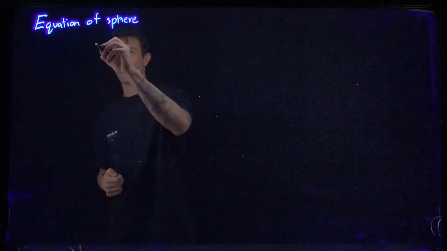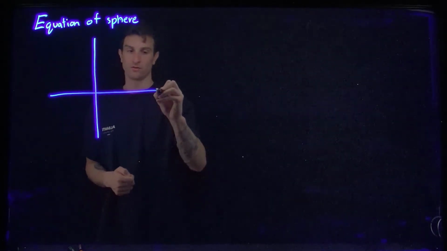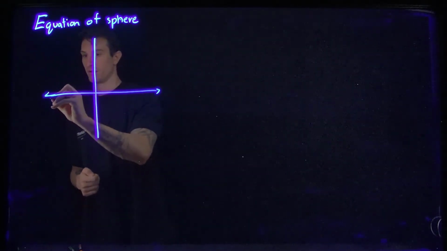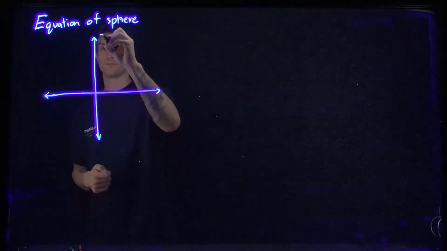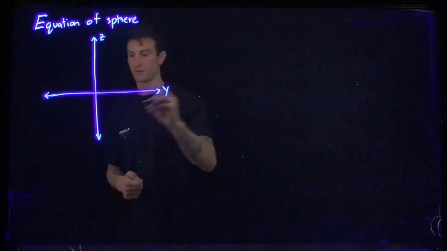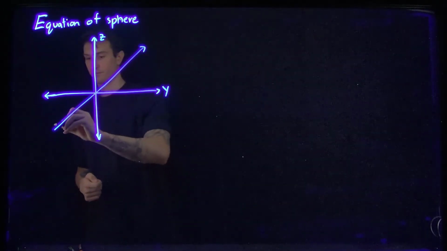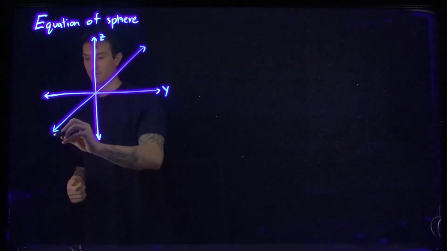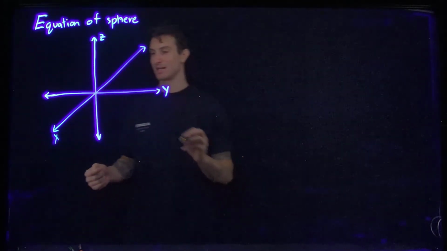So again, we need our coordinate axes. Or not xy, this is technically the yz. And then we'll add our x's in here. And again, for my drawing's sake, because I'm not great at drawing in 3 dimensions, I'm just going to make this as easy as possible.